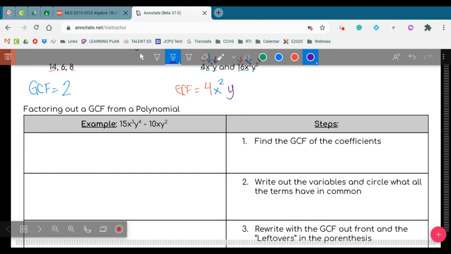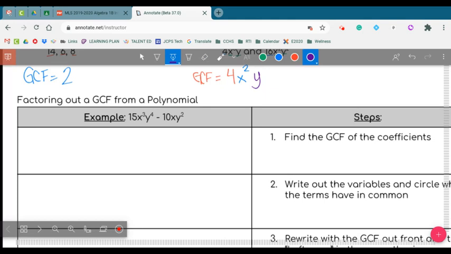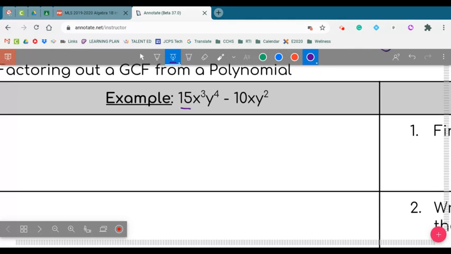So let's go down to our explanation. So first we have to find the GCFs of the coefficients. So we look at our coefficients first. We have 15 and 10. So our GCF of our coefficients, what's a number that can go into both 15 and 10? That would be 5.